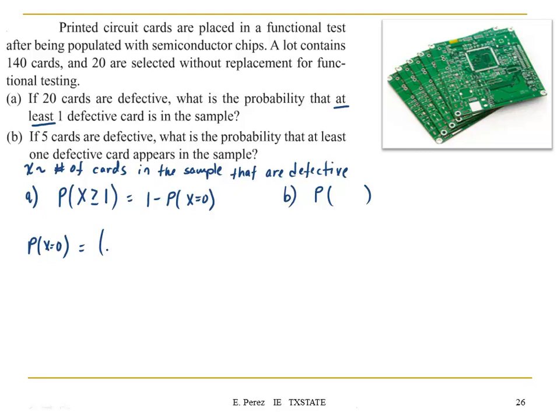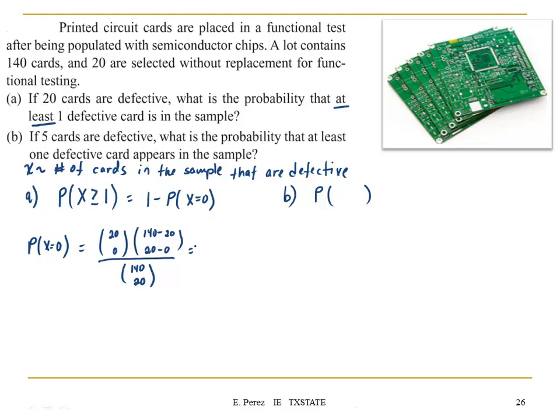So I'm going to substitute those values here. We have 20 choose 0, times 140 minus 20 choose 20 minus 0, divided by 140 choose 20.